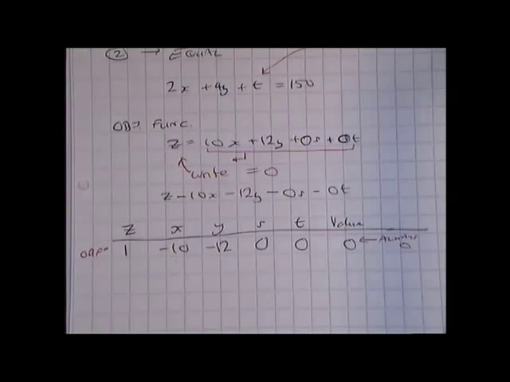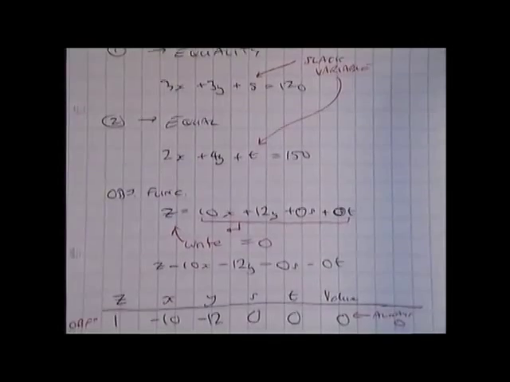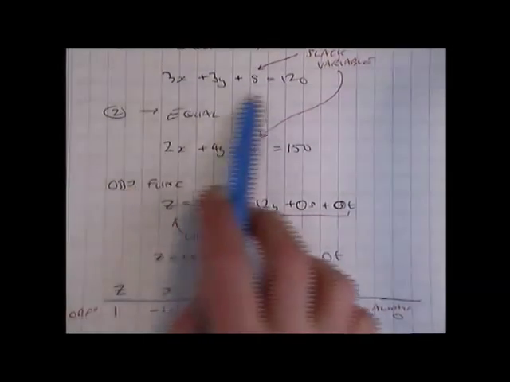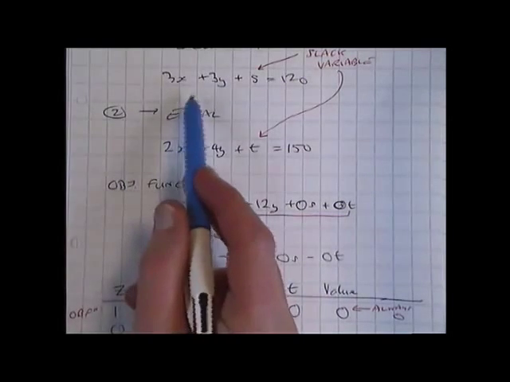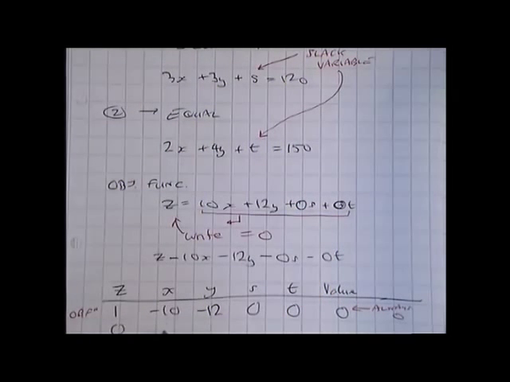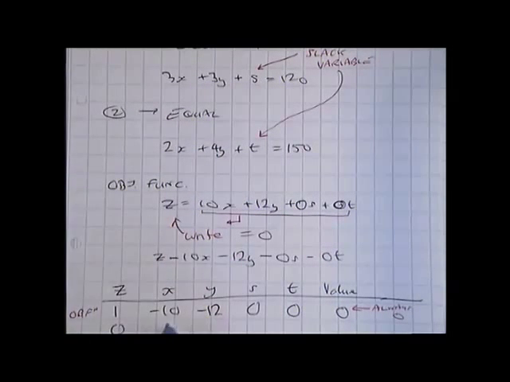The next thing we do is put our constraints in, but then they're equality form. So if we look at the top of the board, there is our first equality. How many z's can you see in that? None. How many x's are there in that? 3.